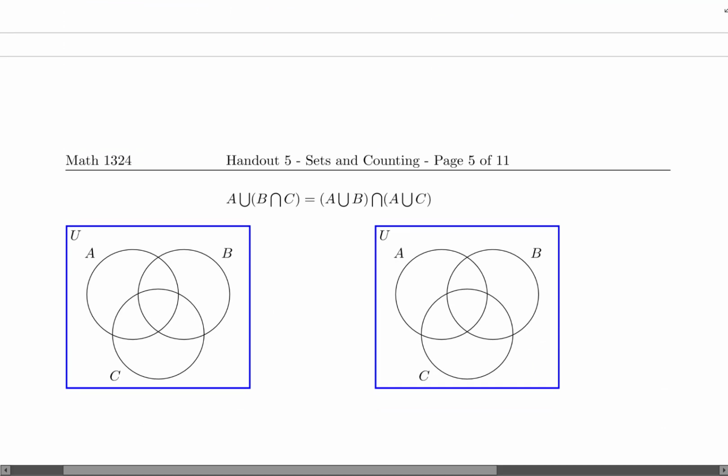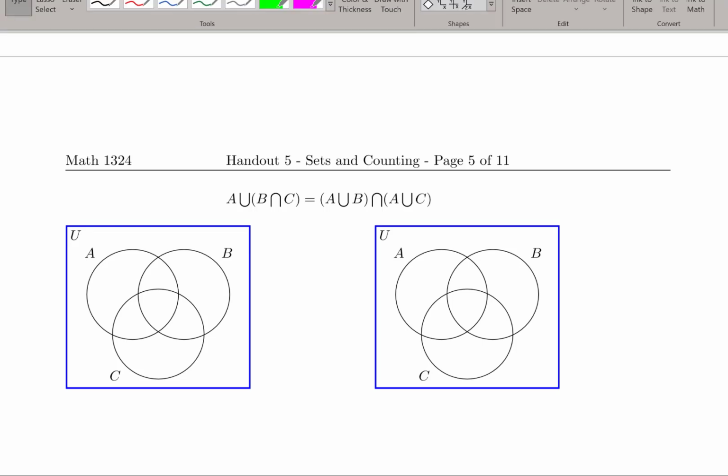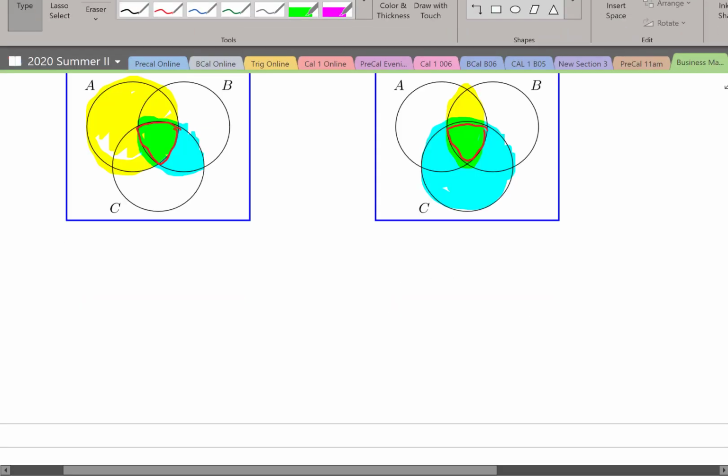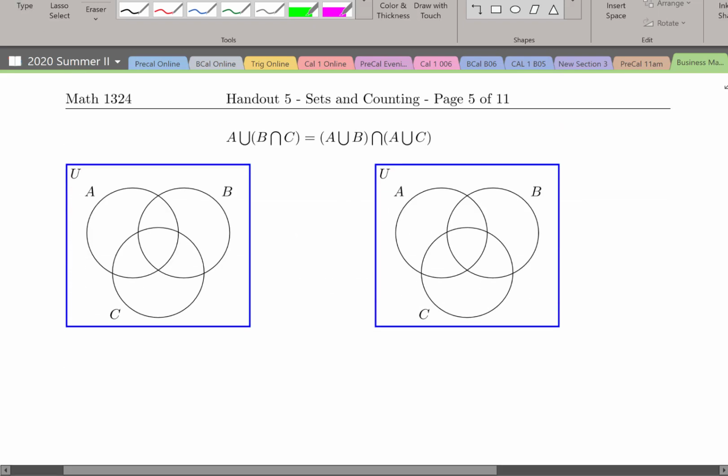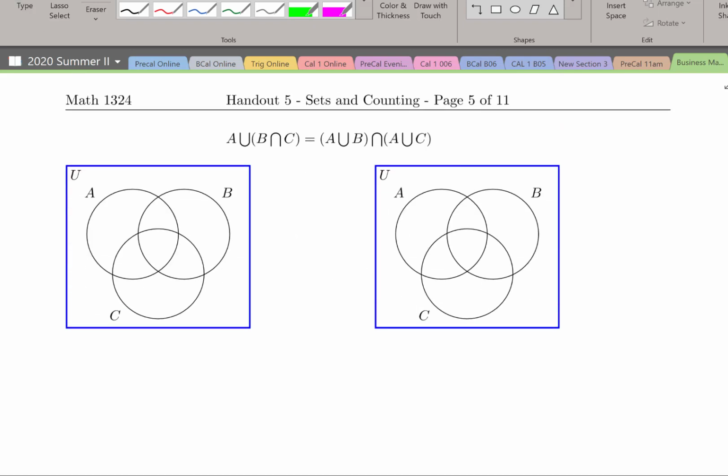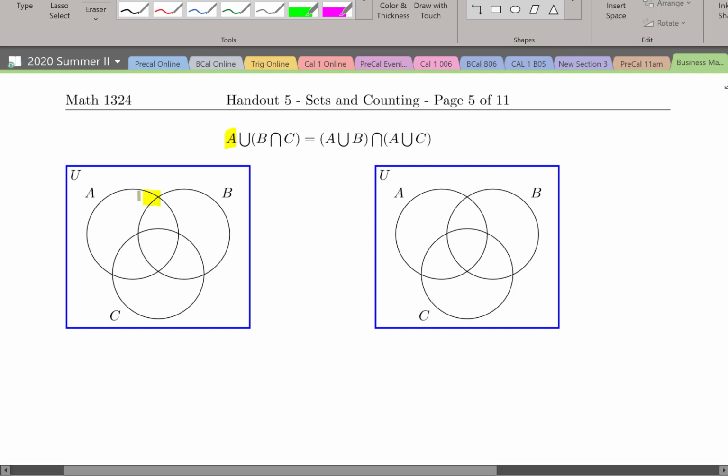Next, we look at this setup here where we have A and then B intersects C. Will be this one right here.